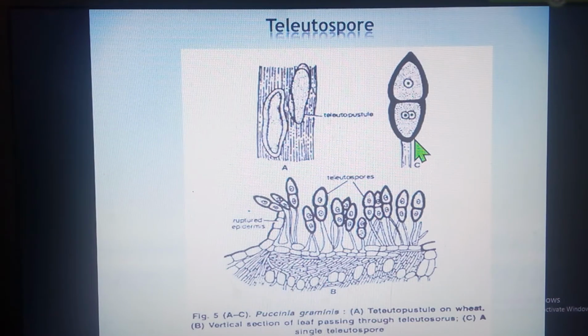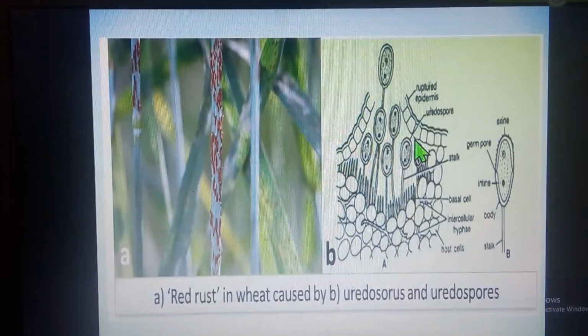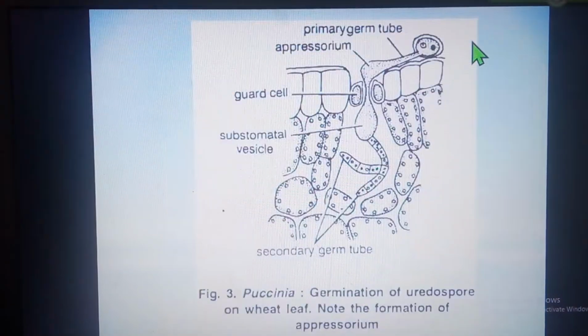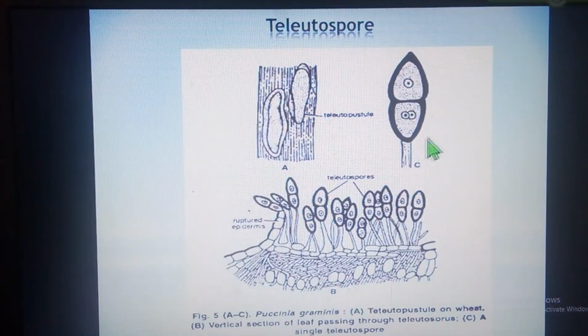So unlike the uredospore, which has an echinulate outer layer, the teliospores are smooth walled, with either a round or a slightly pointed apex, and also two-celled and slightly constricted.